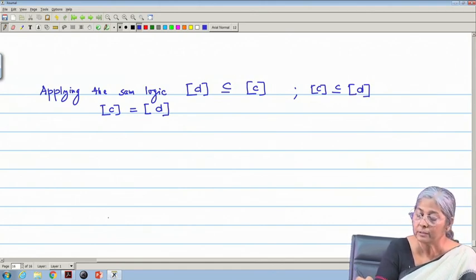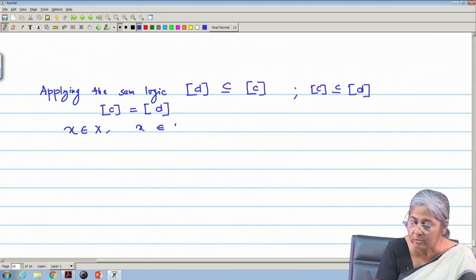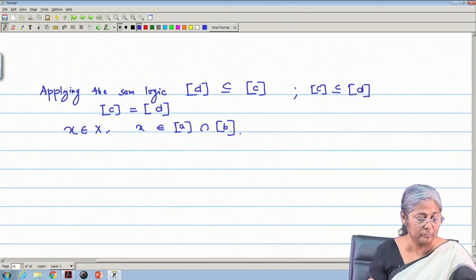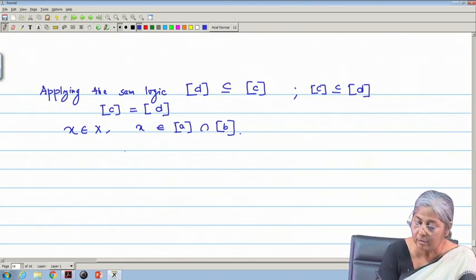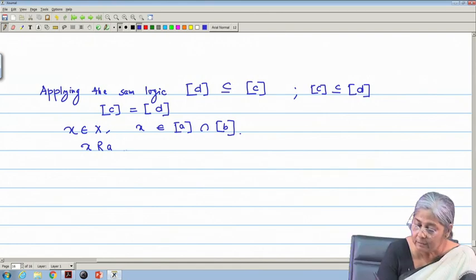So, we have assumed that x belongs to [C], x R C. Now, x belongs to [A], so x R A, then since it is an intersection, x R B also is true.